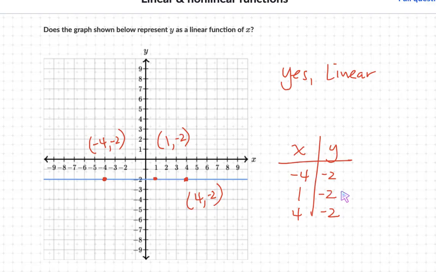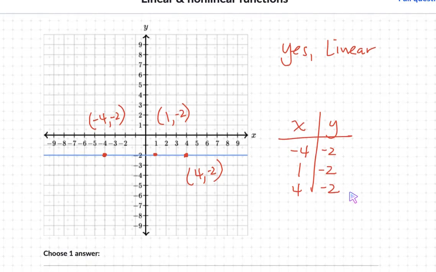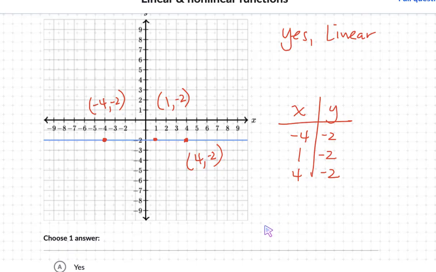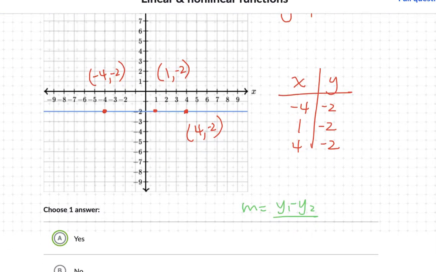And remember, we have to figure out the slope. Slope is the change of y over the change of x. So I'm going to subtract my y's on top and then I'm going to subtract my x's on the bottom. And that's basically our rise over run.